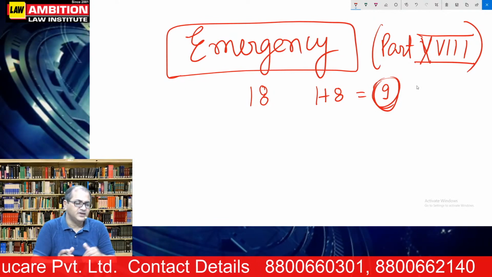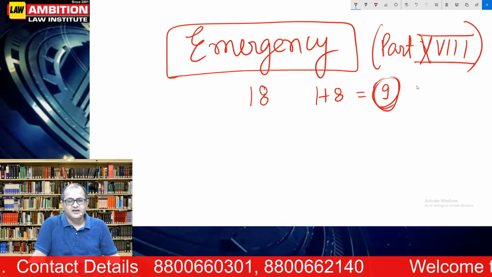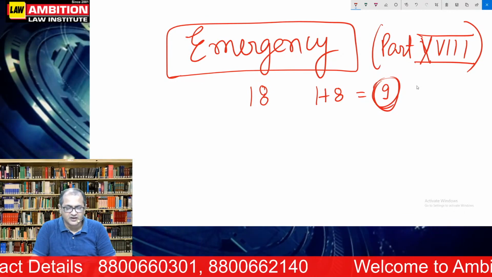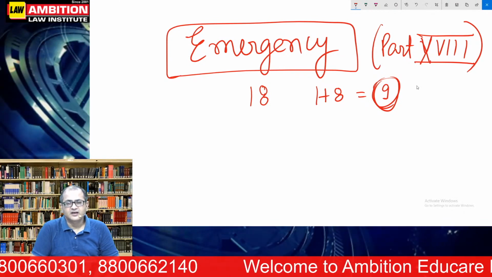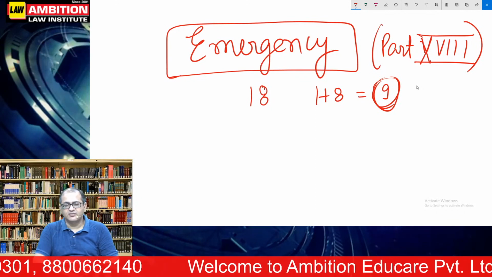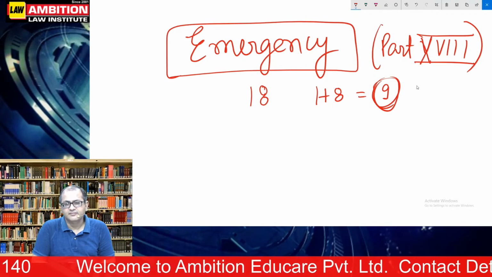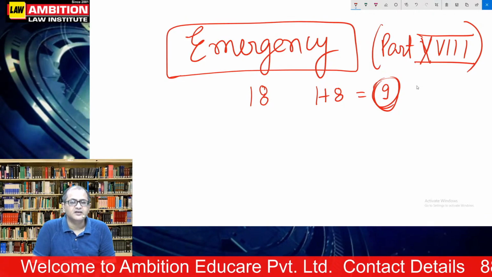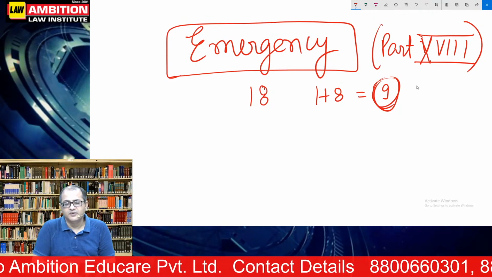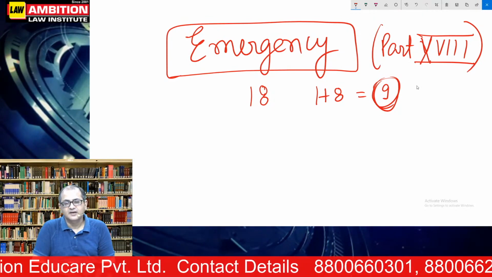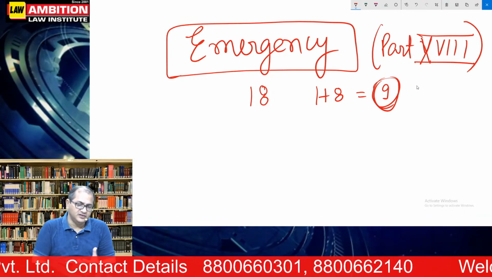She believed that she is the elected leader of the nation, voted by the people, a democratically elected, powerful leader, the Iron Lady, and she has all the power to decide on behalf of the people of India, and correctly so. There is no doubt. If a prime minister is elected by popular vote, it has the power. So that is what is to be understood in this particular journey of emergency.